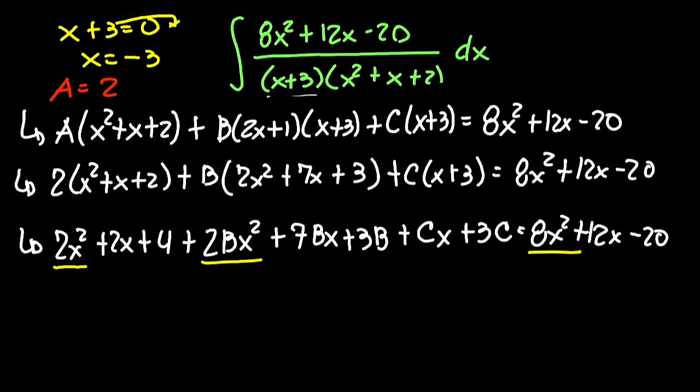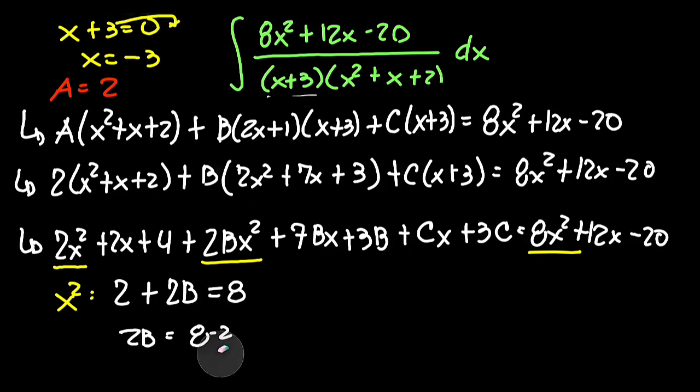So this would be 4x squared, which is equal to, just copy the coefficients, which is 2 plus the coefficient of this would be 2 multiplied by b, and it is equal to 8. And now, by isolating b, this would be 2b equal to 8 minus 2, which is 6. And now, b here is equal to 3.